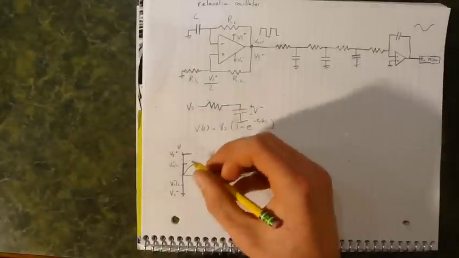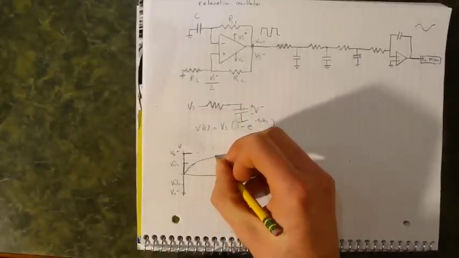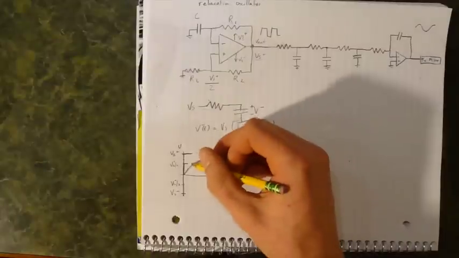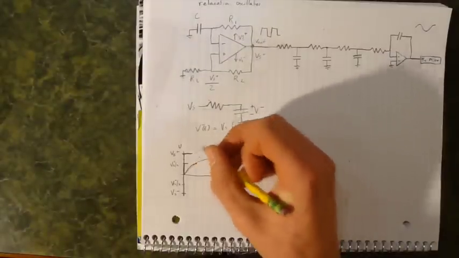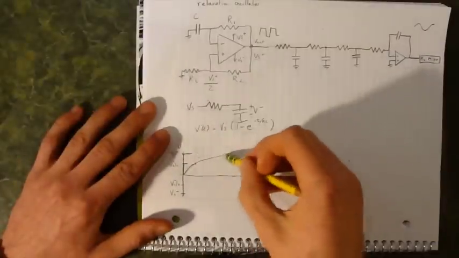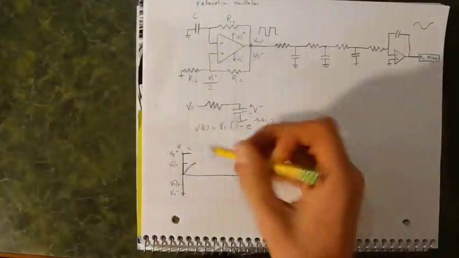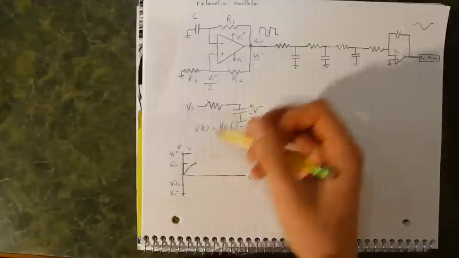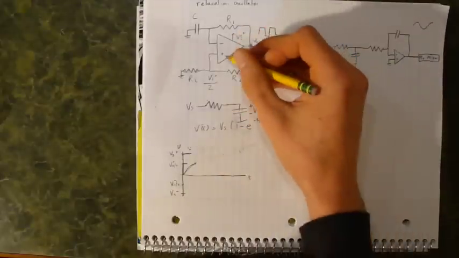But it does not keep going to Vs plus like you'd expect. Actually, as soon as it gets to Vs divided by 2 right here, it stops rising. This is what it would like to do but does not, because as soon as it gets slightly above that voltage, it becomes greater than the V positive pin.